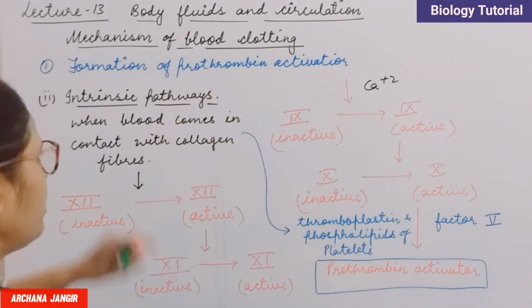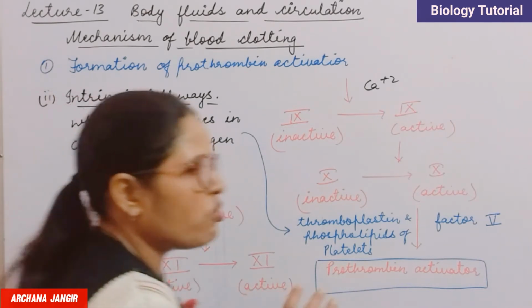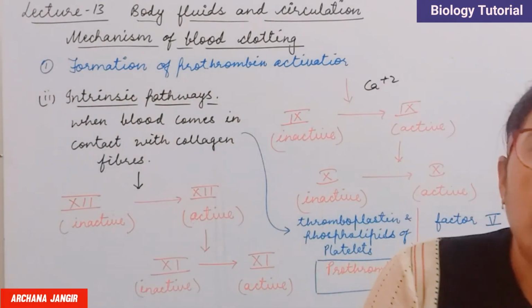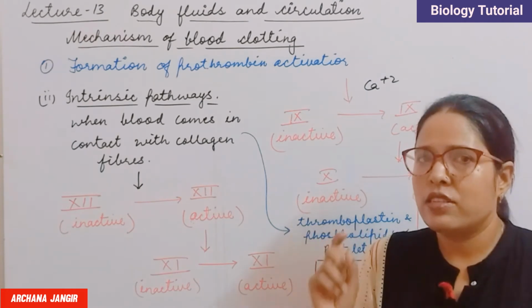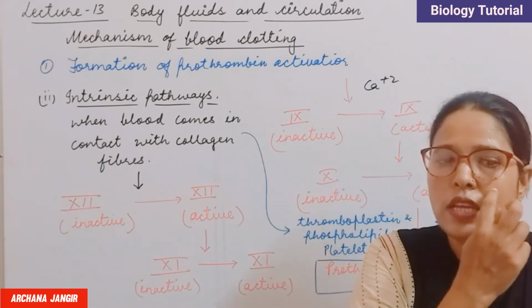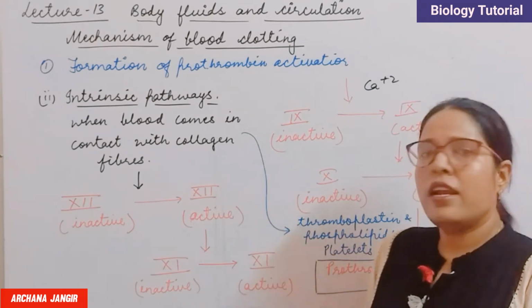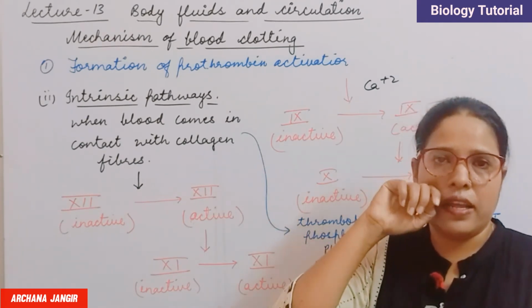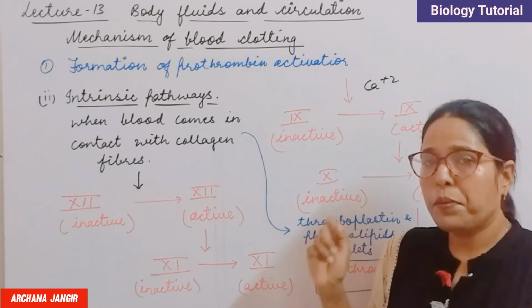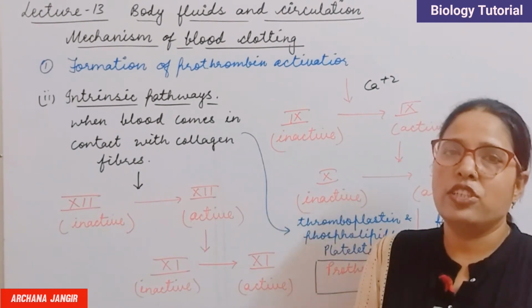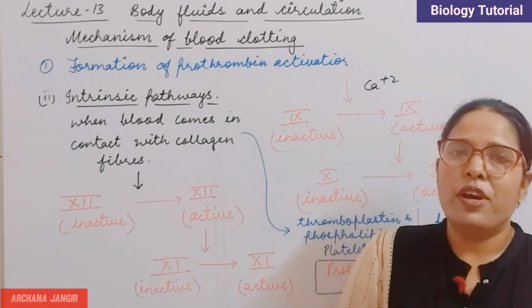In this way, the prothrombin activator is formed by the intrinsic pathway. In the extrinsic pathway, the process starts when the tissue is getting damaged, and in the intrinsic pathway the process starts when blood comes in contact with the collagen fibers of the blood vessels.